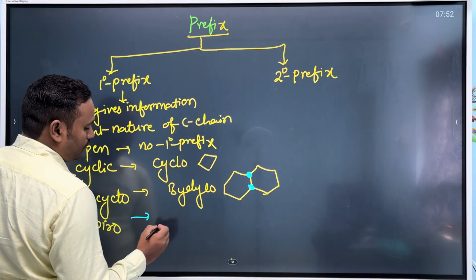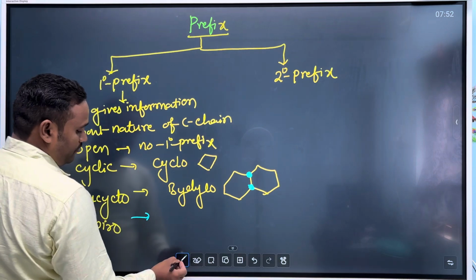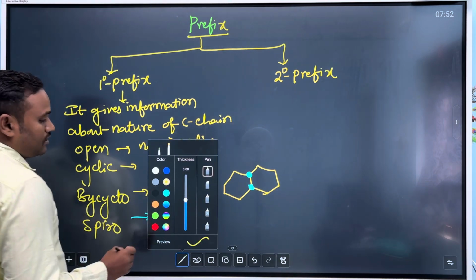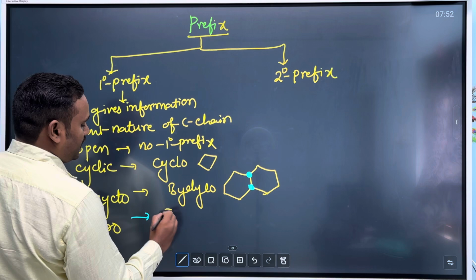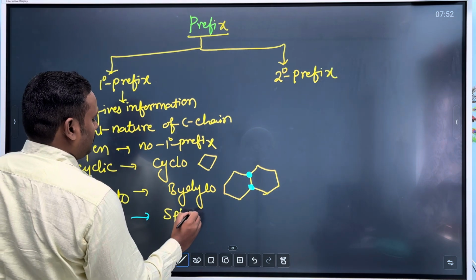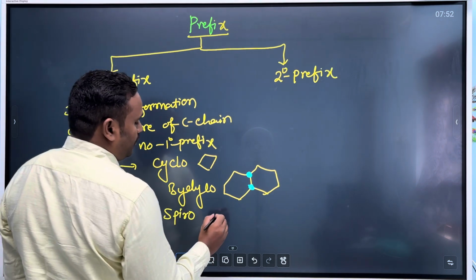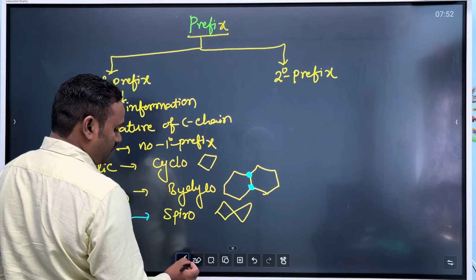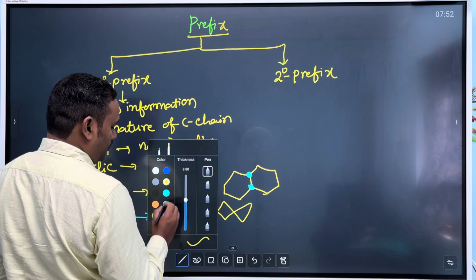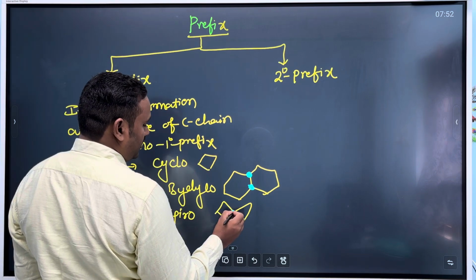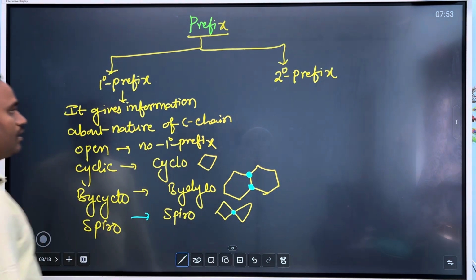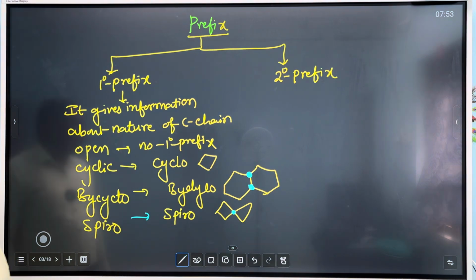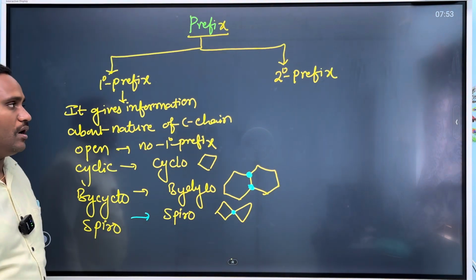Next, spiro. In case of spiro, we use spiro itself. Spiro compound means two cyclic rings have only one common carbon atom. Such types of compounds are called spiro compounds.